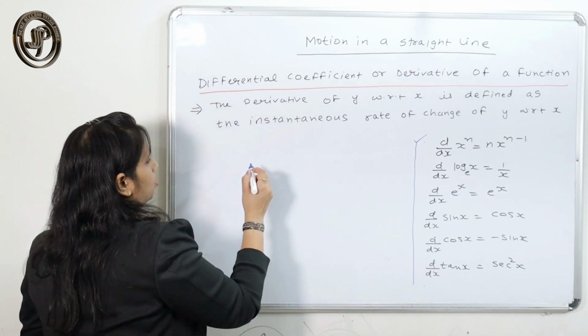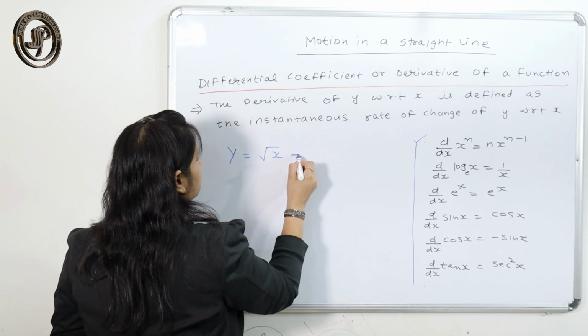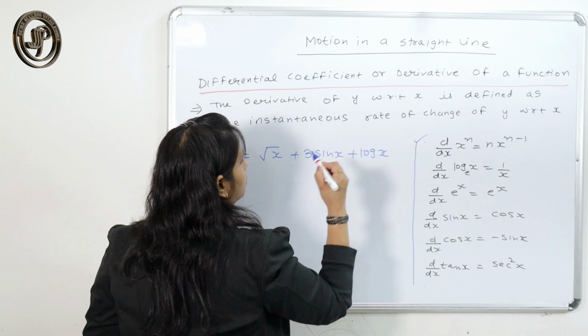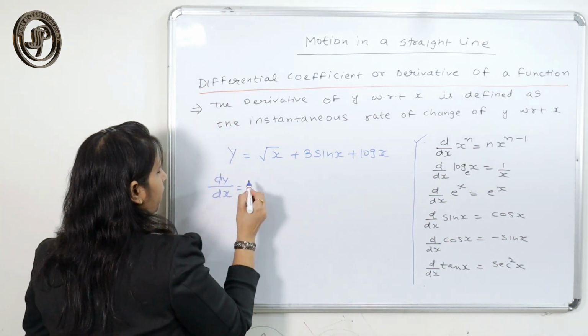Okay. So suppose I have a function like root x plus 3 sin x plus log x, and I need to find the derivative of y with respect to x.